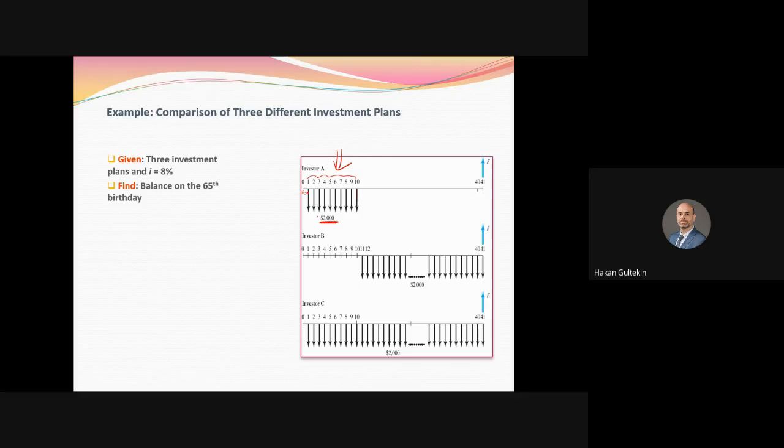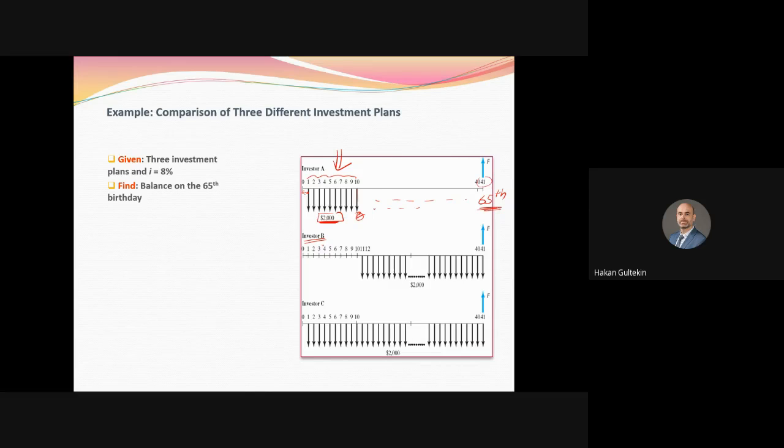The accumulated money will remain in the bank account until the 41st year, which corresponds to your 65th birthday. So we deposit this 2,000 for 10 years, and then we leave that money in the bank account, and it continues to earn interest. On our 65th birthday, we will withdraw the whole amount.